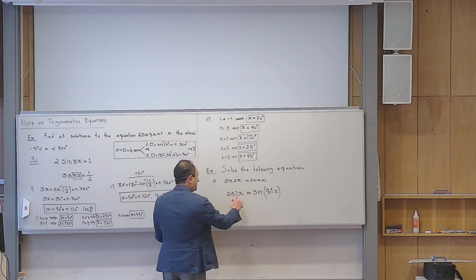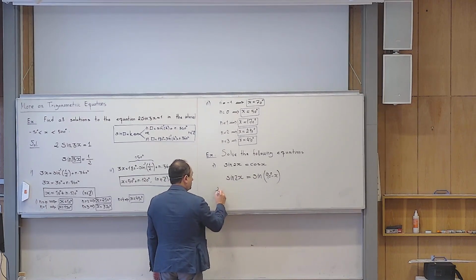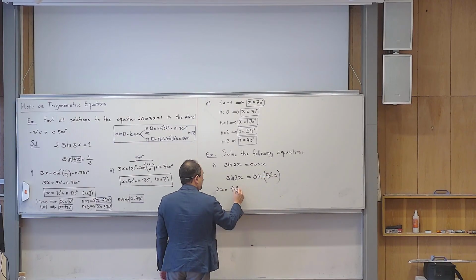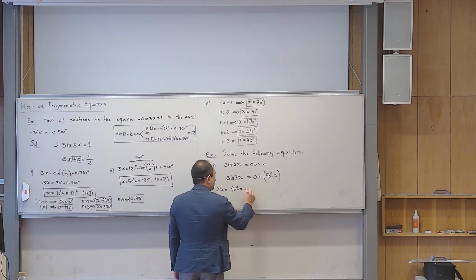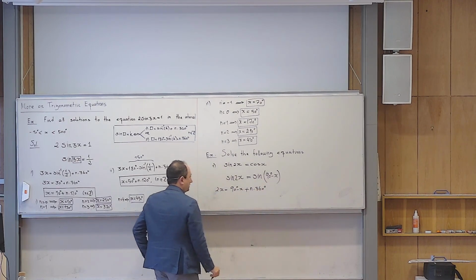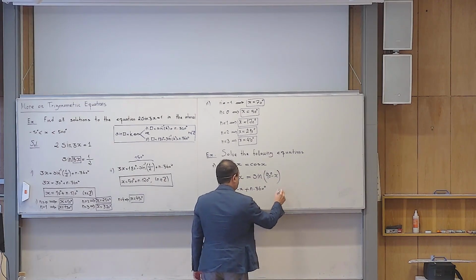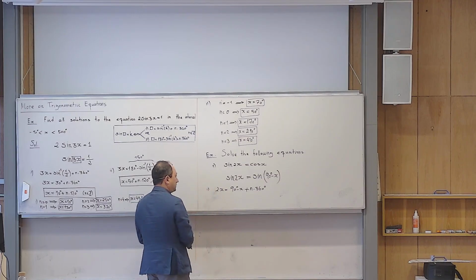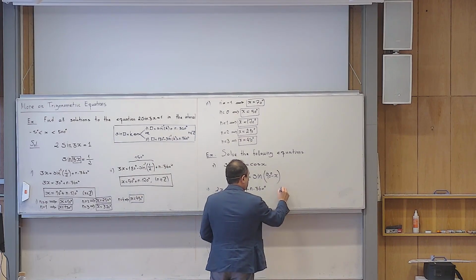So what can I write? I can say 2x is equal to whatever is here, plus n times 360 degrees. Let me call this number one. So I get two options. Option number one. What was the other option? Do you remember?